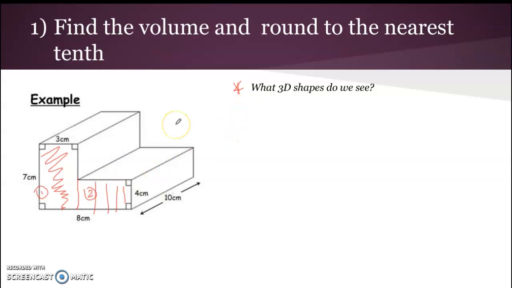So it's a rectangular prism, which we talked about last week. To find the volume of a rectangular prism, and I'll write it here, rectangular prism is like a box. Remember I said it looks like a box? It's length times width times height. So I'm going to do shape 1 here, which is the length is 10.